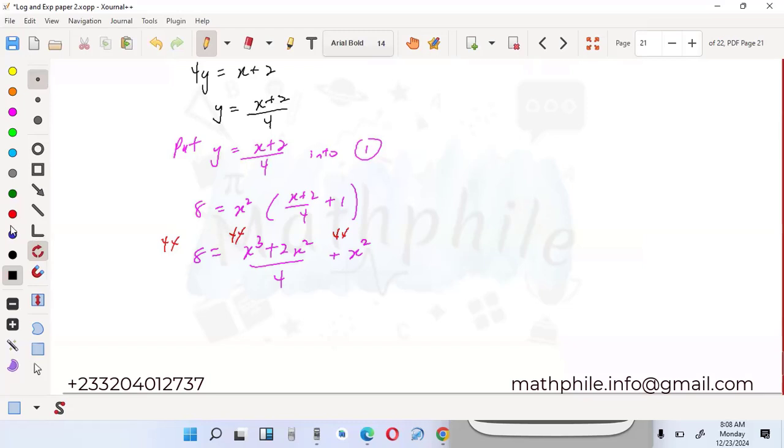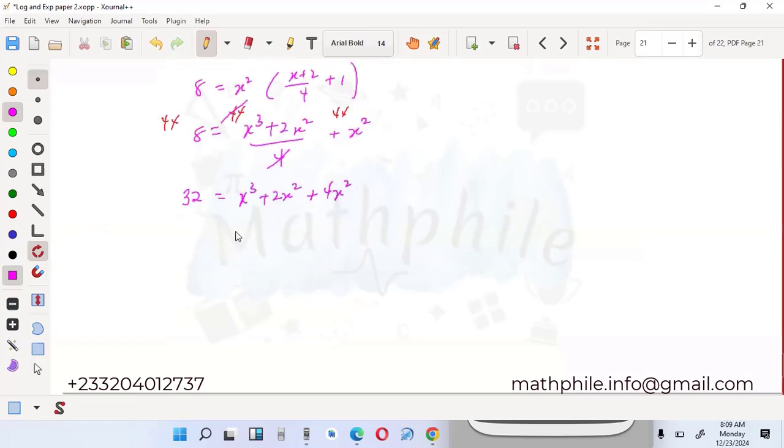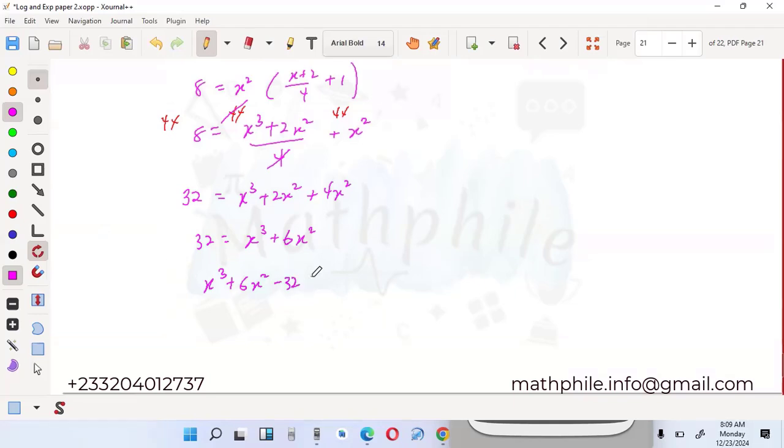This will give you 32, since 4 times 8 is 32, equal to x cubed plus 2x squared, as the 4 cancels out, and then 4 times x squared gives 4x squared. If you simplify, that will give you x cubed plus 6x squared. Now moving the 32 to the other side, you get x cubed plus 6x squared minus 32 equals 0. So this is what we're told to show.